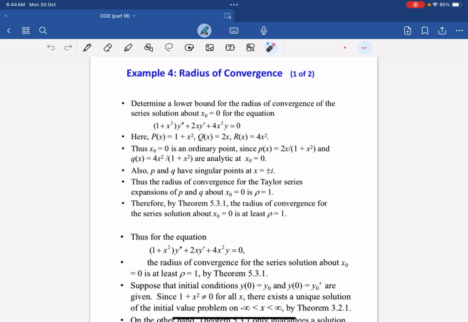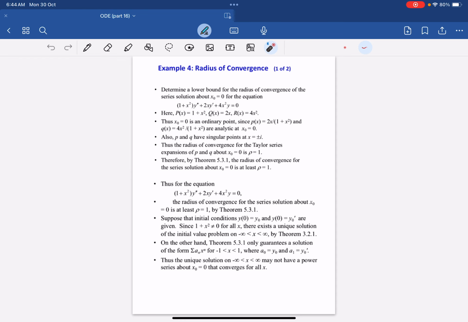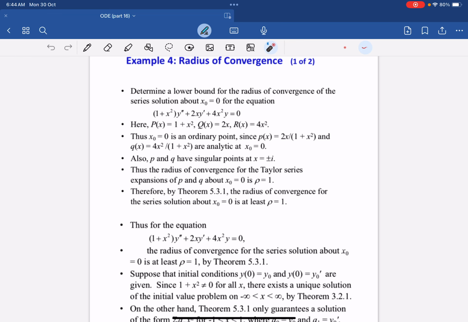Our last example puts everything into place. We are now supposed to determine the lower bound for the radius of convergence for this equation. So we write it in standard form, and we find the ordinary points first. Since x0 equals 0 is an ordinary point, it is analytic about x0 equals 0, because p(x) is this and q(x) is this.